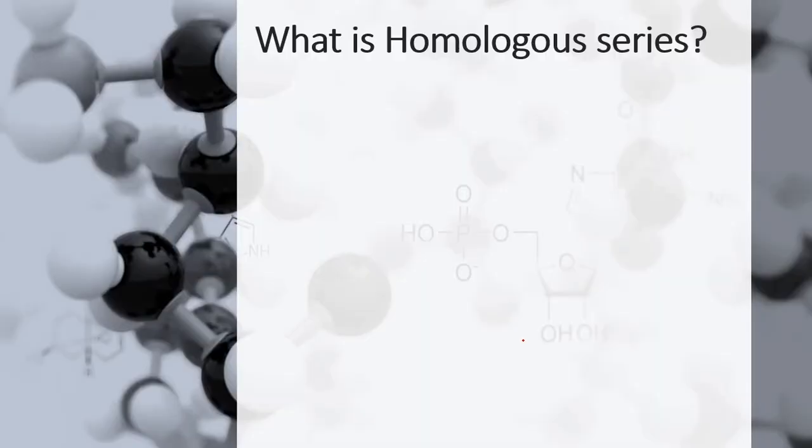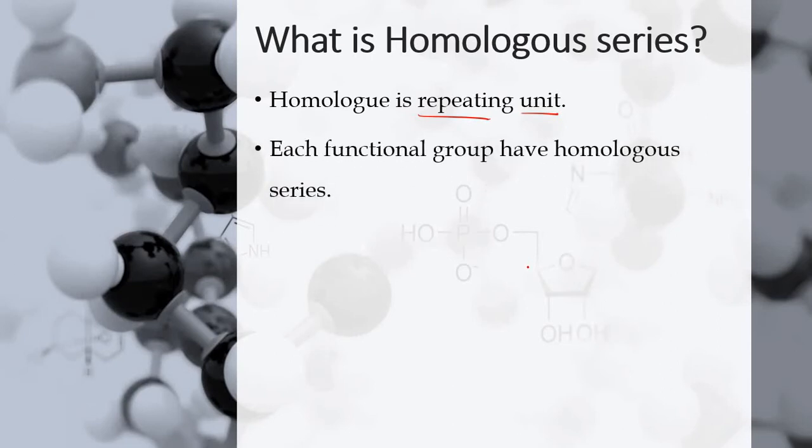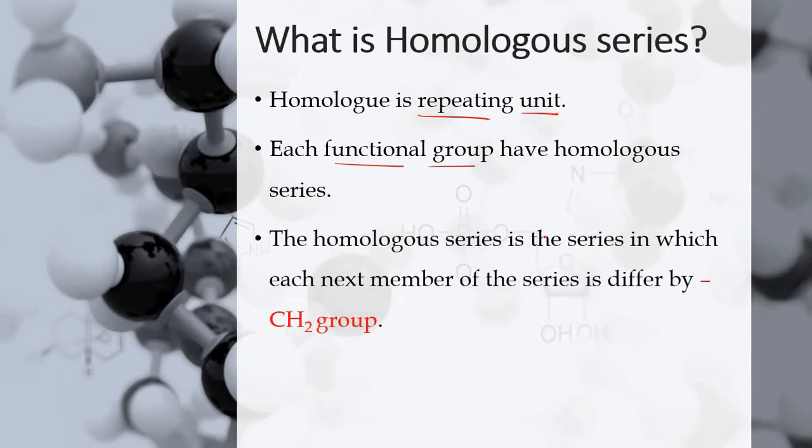Then what is a homologous series? It is a series of organic compounds having a repeating unit, the homologue, which is attached to a particular functional group. The definition is that the homologous series is the series in which each next member differs by a CH2 group.